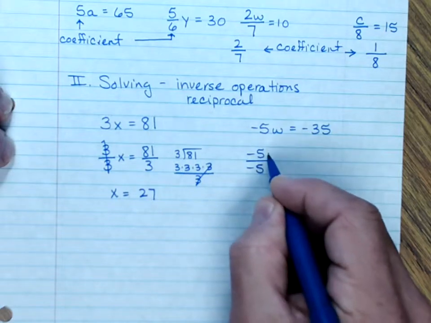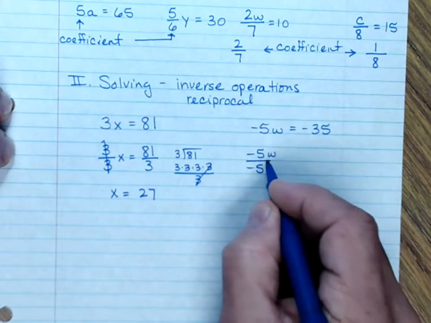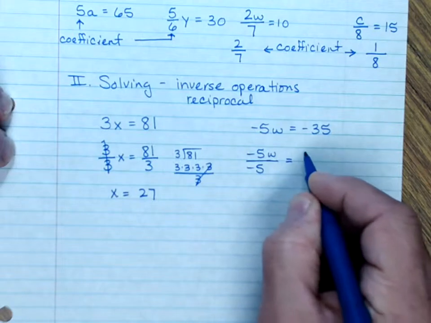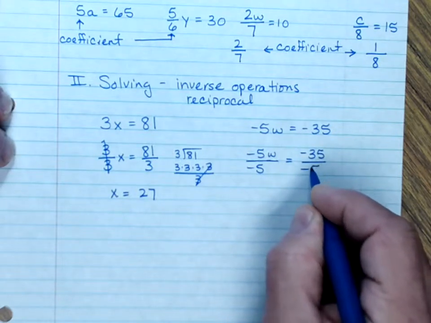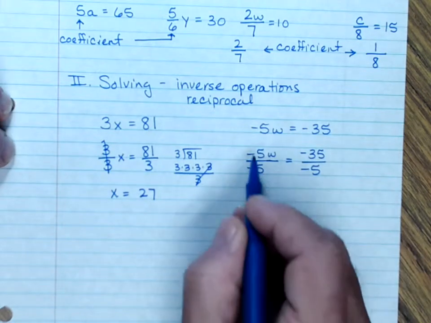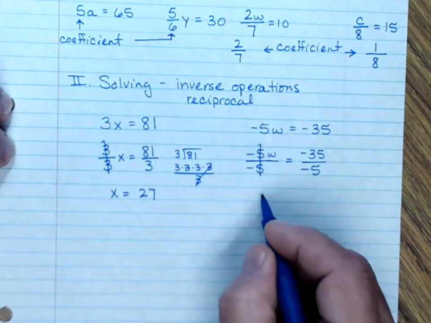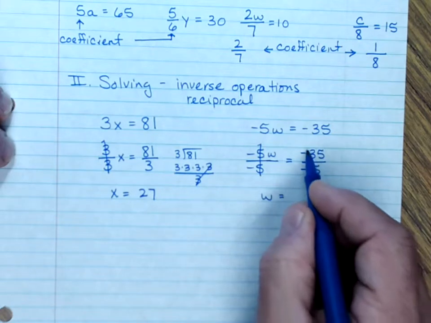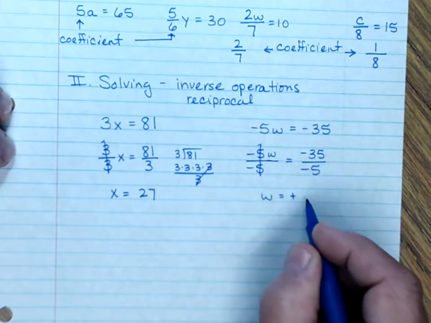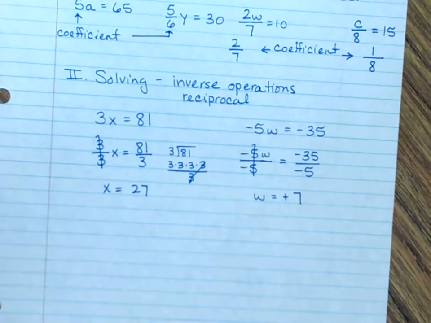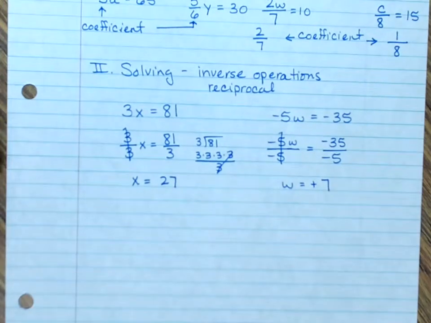This time I'm going to put the w up here just to show you that it is versatile in placement. Negative 5 over negative 5 is 1. And don't forget that a negative divided by a negative is a positive, and 35 divided by 5 is 7. It's really important that you show all your work.